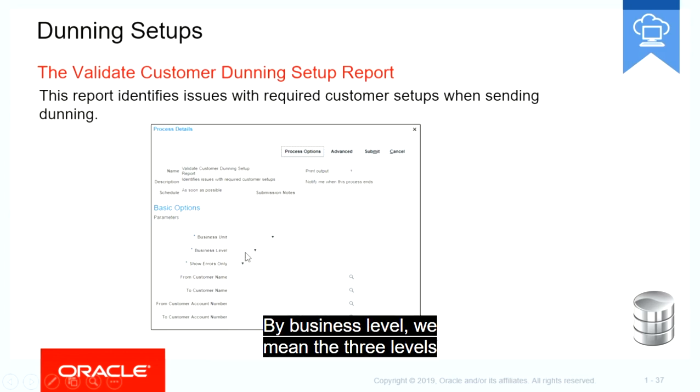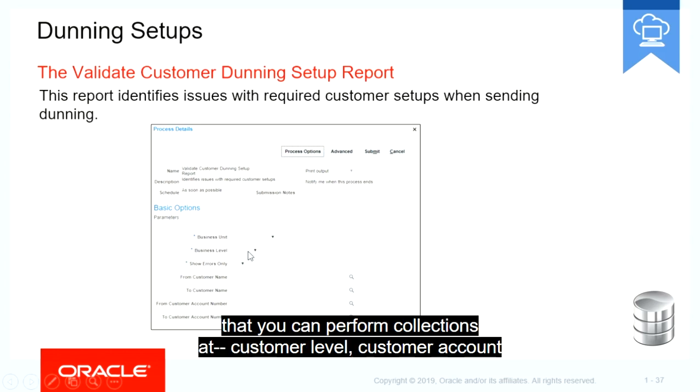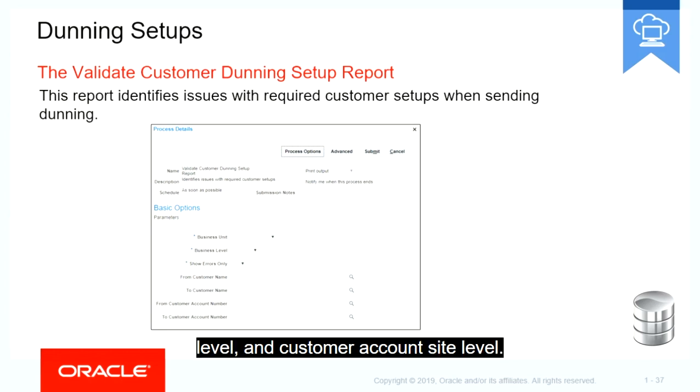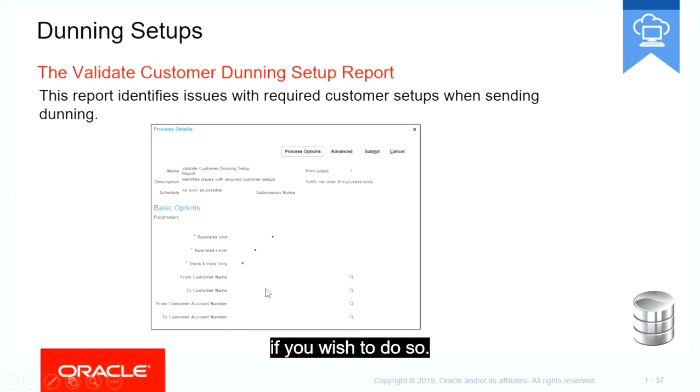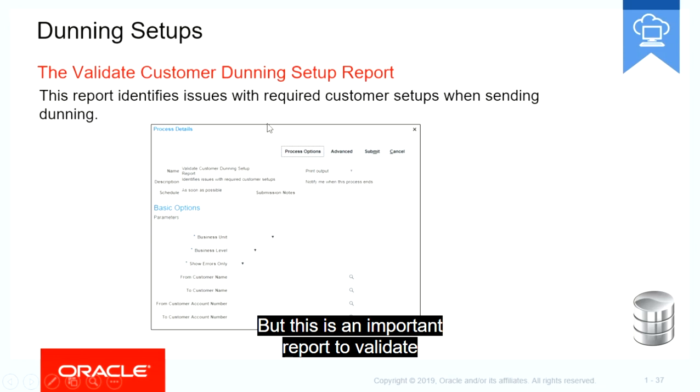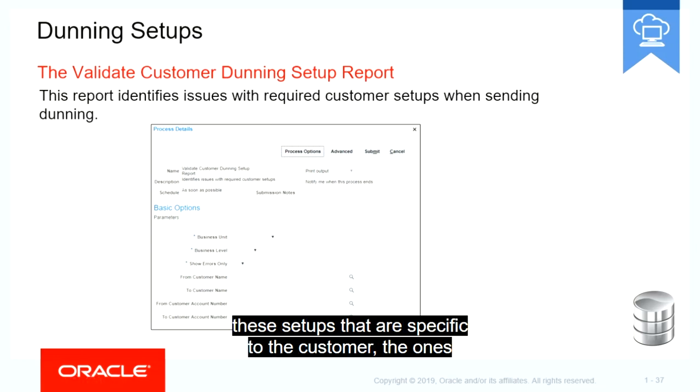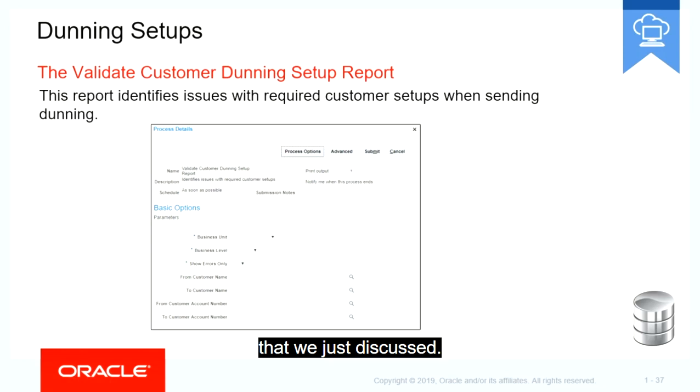By business level we mean the 3 levels that you can perform collections at: customer level, customer account level, and customer account site level. And then you can run the report for specific customers if you wish to do so. But this is an important report to validate these setups that are specific to the customer, the ones that we just discussed.